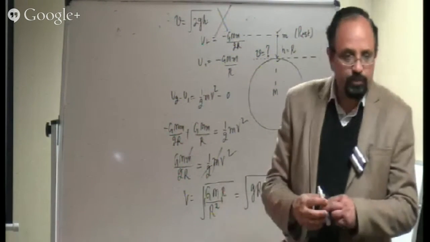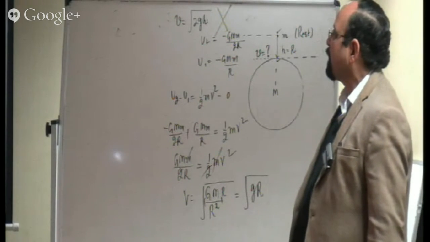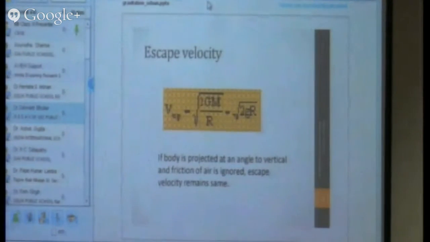With this, we come to the next point. Potential energy is negative, right? But if I can make this energy zero by putting some positive energy, say for example a kinetic energy, I can make the body escape from the gravitational attraction.